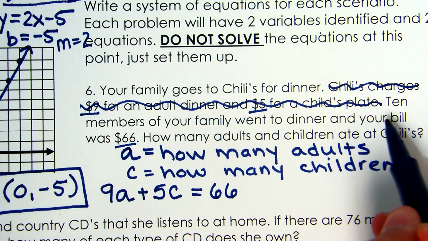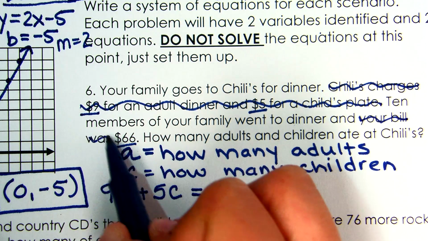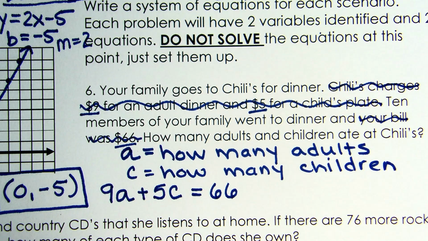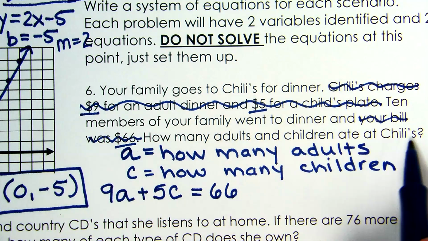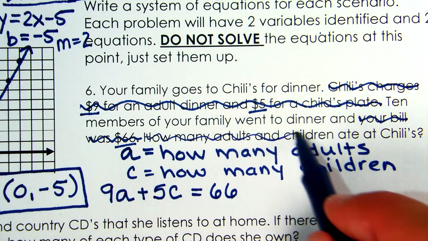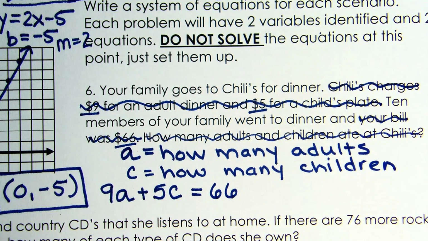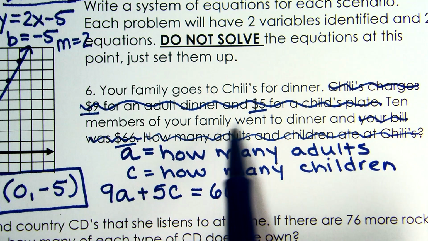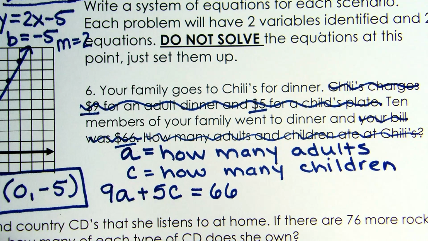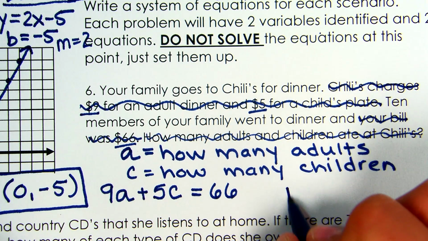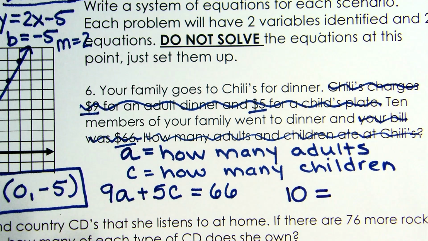And I know that my bill was $66. I already used that information. And how many adults and children I used to identify my variables. So the last part is what my second equation is going to be about. 10 members of your family went to dinner. The members of your family, a total of 10, is equal to.